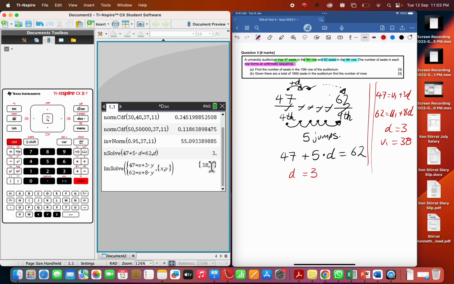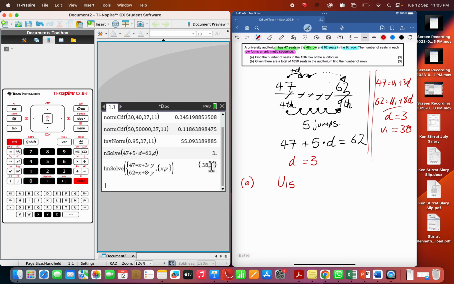Now look, we've done all that work and we haven't even answered the question yet. Part A, we need to find u15. If I use both of these, u15 equals u1 plus n minus 1 times d.